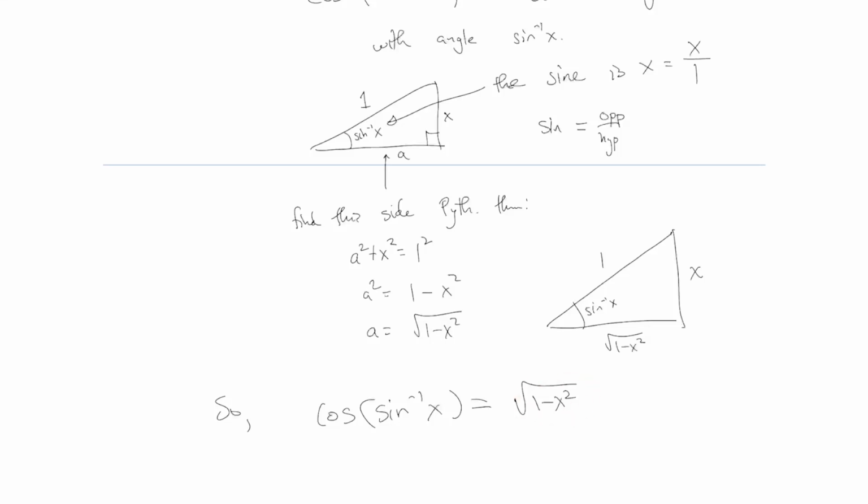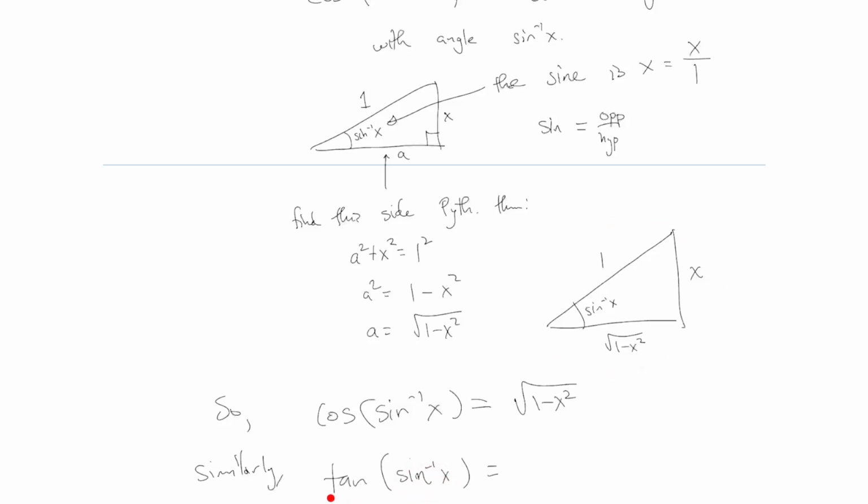All right. What about, can we do the tan of inverse sine of x? Can we do that? So similarly, if you hadn't already done this, you would have to actually go through the whole thing, build this triangle, but actually you're going to use exactly the same triangle.